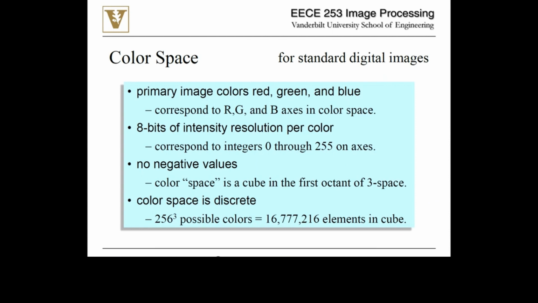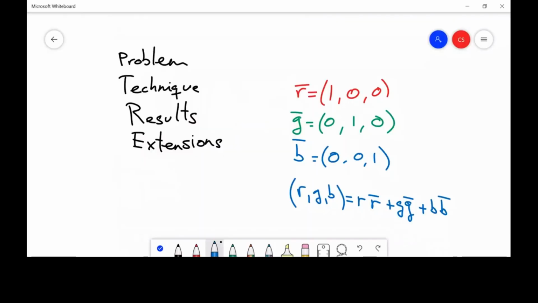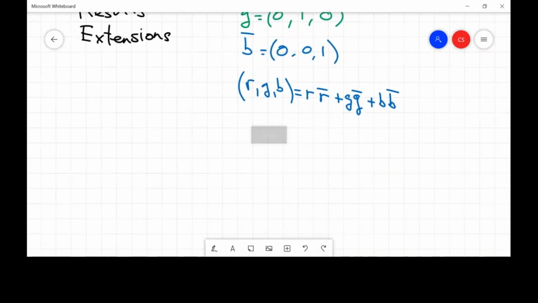For instance, if I represent my vectors with 8-bit unsigned integers, then for each one of the channels, I can go from 0 to 255. And then my space is discretized. Let me do it in 2 dimensions, because in 3 dimensions it's more difficult to draw.